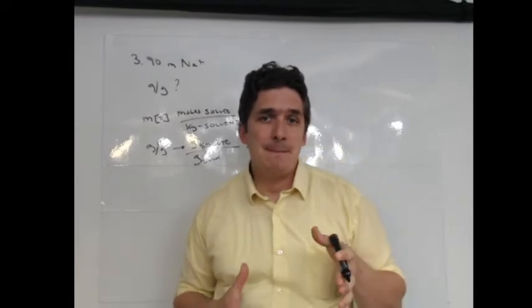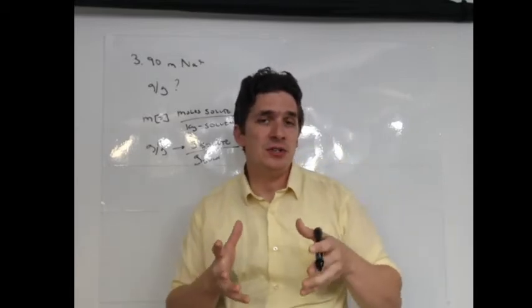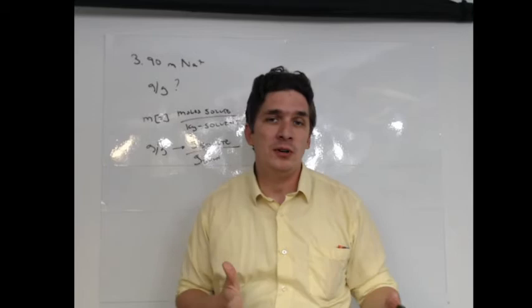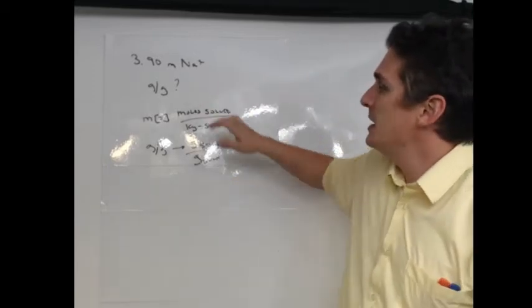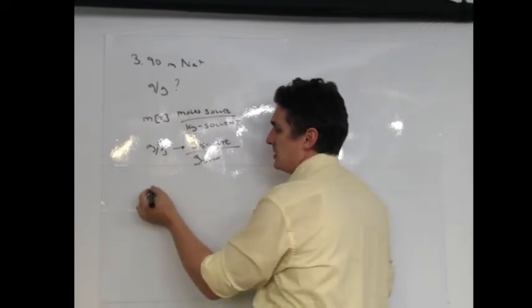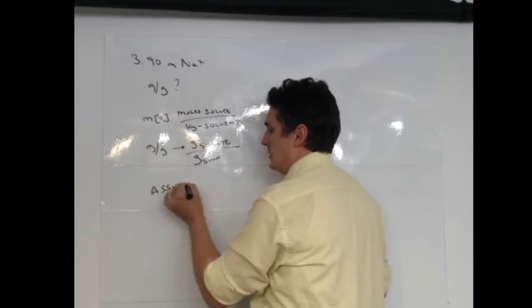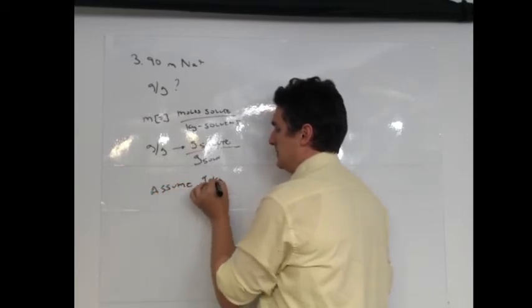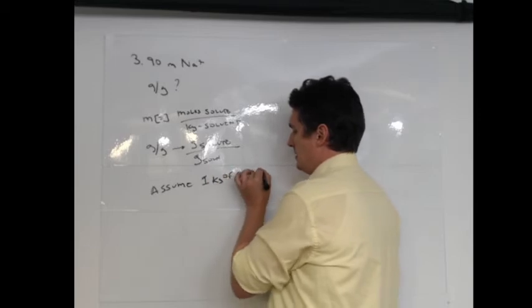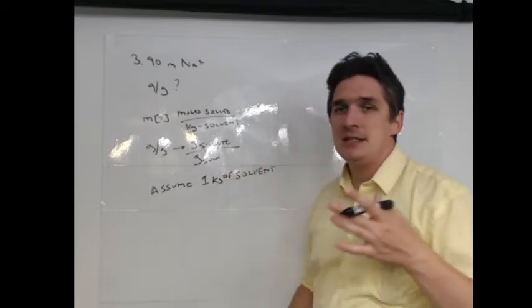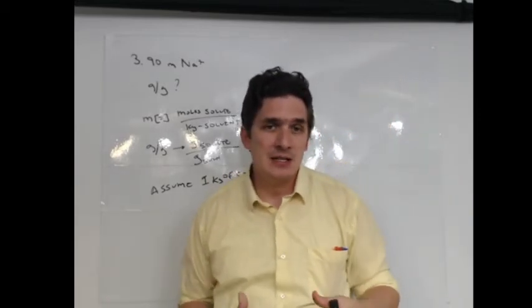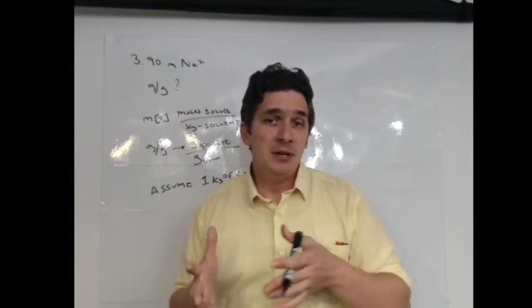Third step, based on the starting units you're given, you're going to assume you have one of whatever is in the denominator. So in the case of molality, we've got a kilogram of solvent, so we're going to assume 1 kilogram of solvent. Now, this is not the same assumption you make every time, and I see this mistake made a lot. It depends on what you're given.